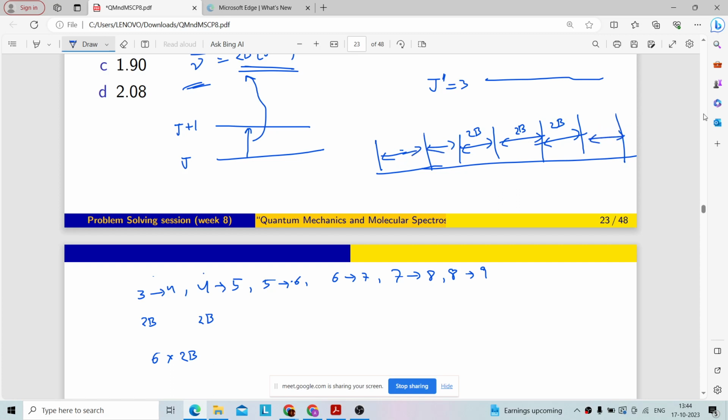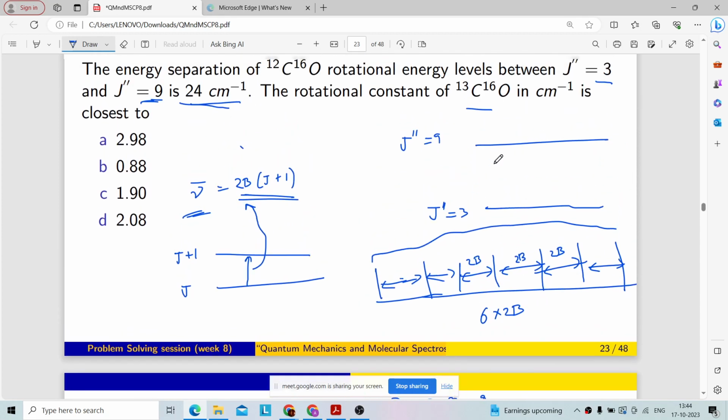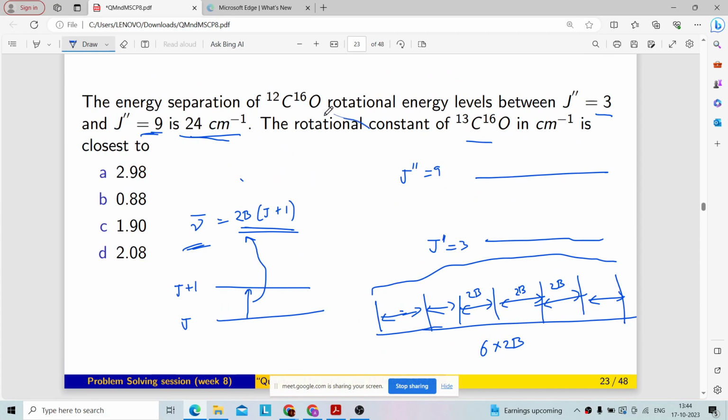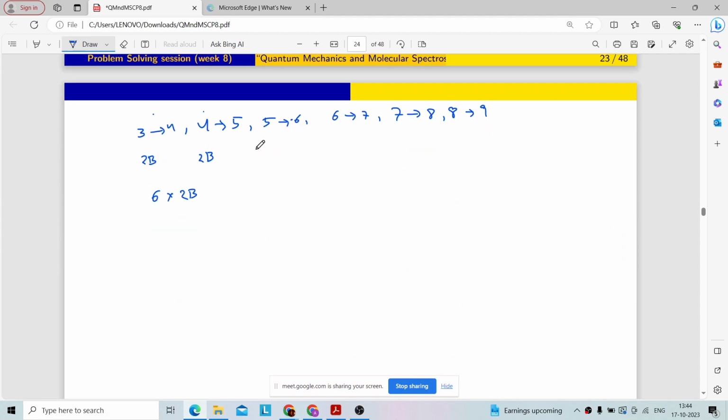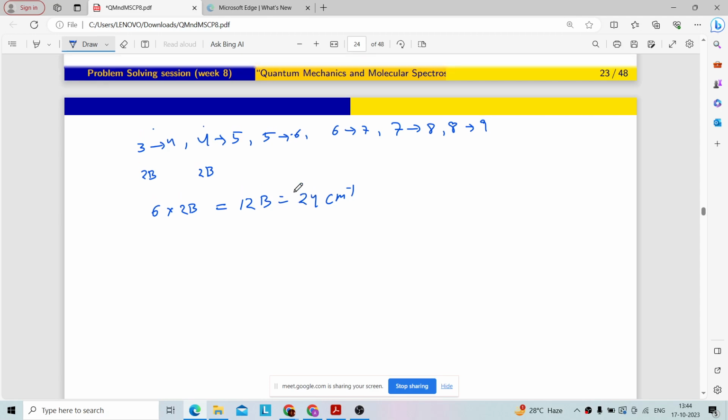There are 6 lines, so the total length will be 6 times 2B. This value is given: 6 times 2B is 12B, and it's given as 24 centimeter inverse, right?